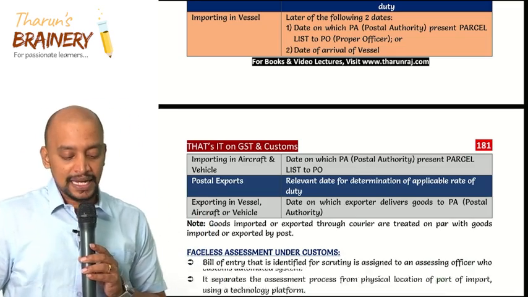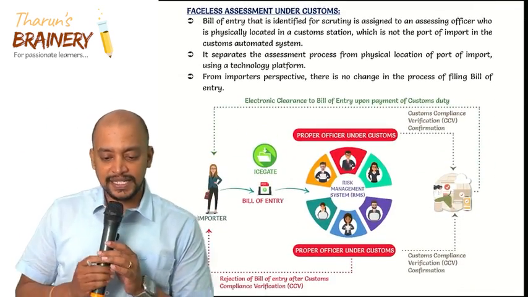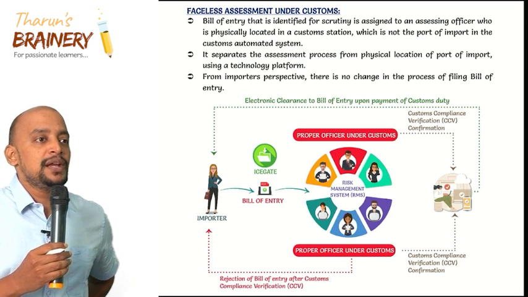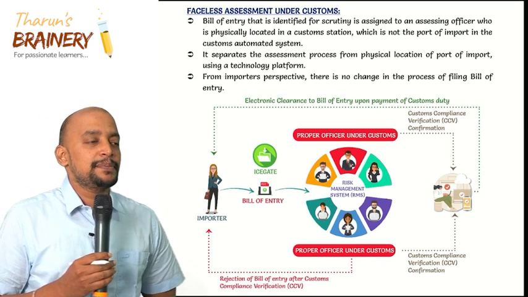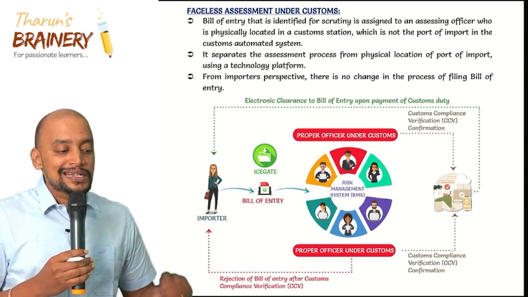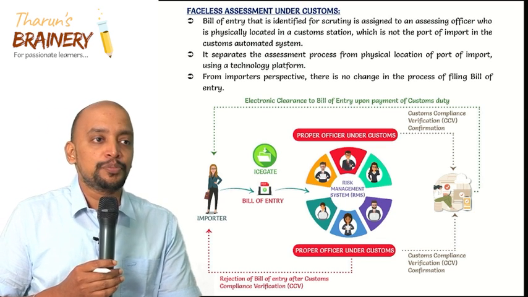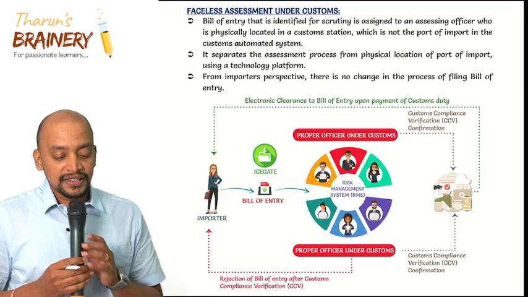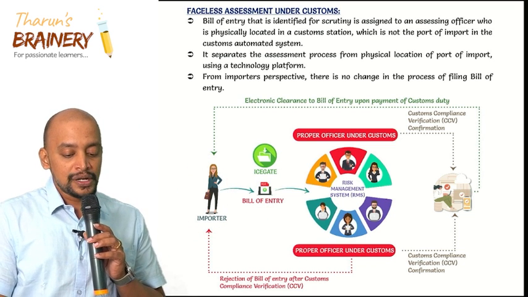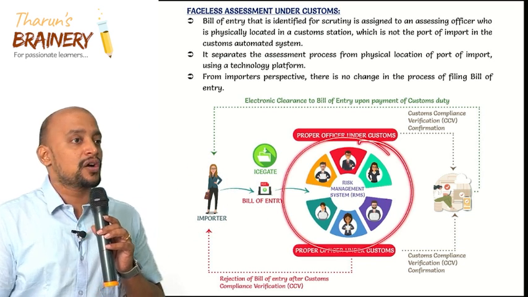Then next we have faceless assessment under customs. What does it refer to? Whenever we file a bill of entry, previously that bill of entry used to be processed by the jurisdictional commissioner where we were importing the goods. But now the bill of entry, once the importer files, will be going to any customs officer across the country.